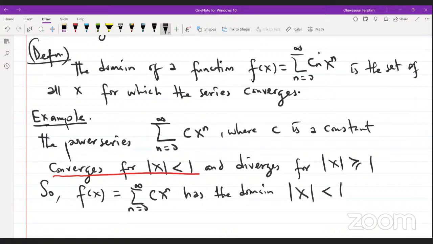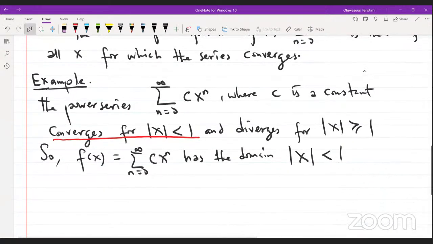If you really want to write it in interval form, we can always do that: -1 less than x less than 1. If I don't like it this way, I can just write (-1, 1). So the domain is either this or just (-1, 1). That's the set of the values of x for which that series converges.